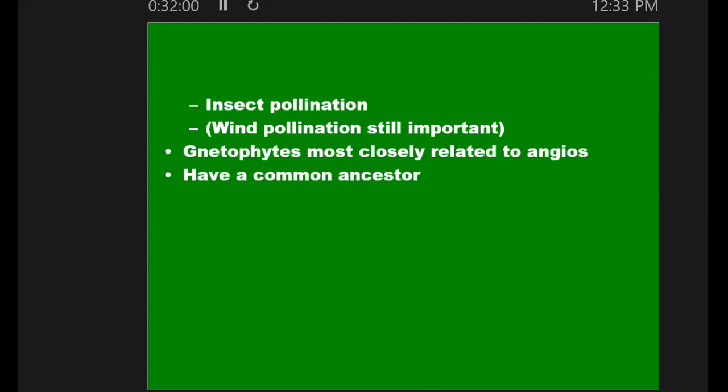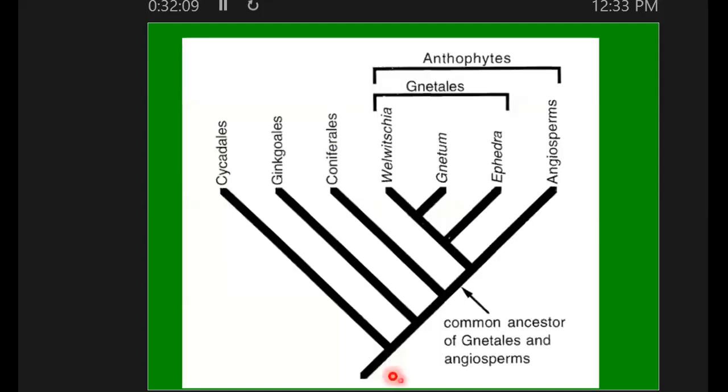Okay, so let me pull up this next phylogenetic tree. So here, if you look on this phylogenetic tree, you can see the Welwitschia, Gnetum, and Ephedra are on the line right before it shoots off to the angiosperms.